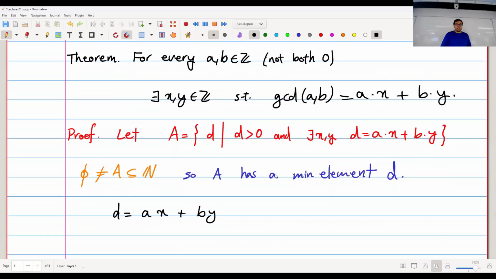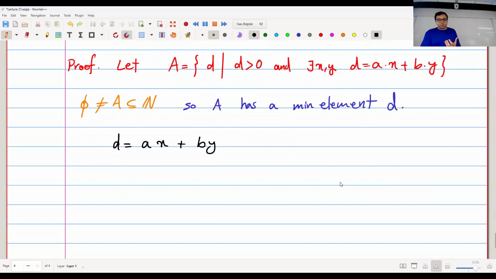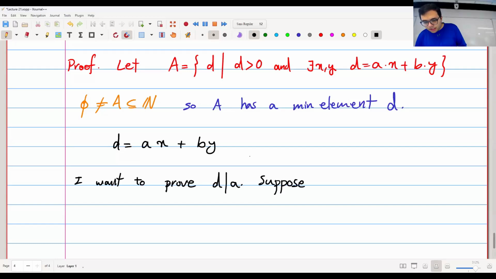I want to prove this by contradiction. So I want to prove that D divides A. So suppose that it doesn't. Suppose D does not divide A.